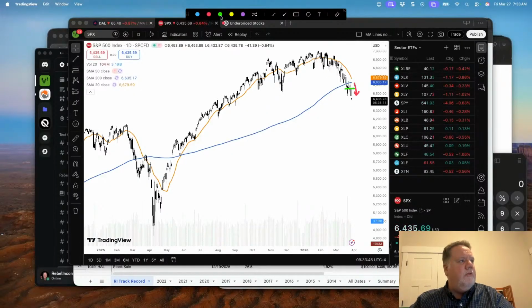We also appear to be breaking what would have been the last pivot back here, actually, the end of last week, which is right around 64.50 roughly. And so we may be looking at confirmation of this break below the 200-day moving average.